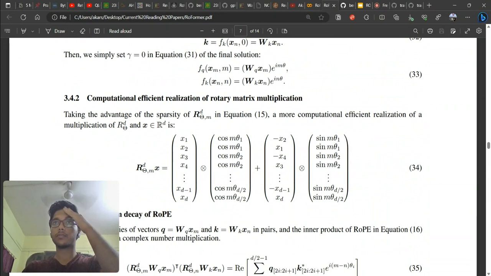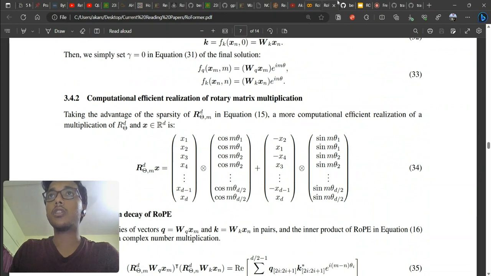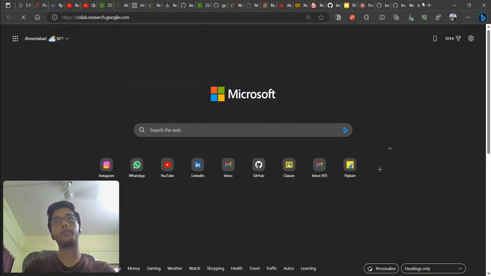So this is how we define it. Now x comes from the word embeddings part, where we would tokenize the text and then pass it through. So let's implement it like this in Colab.